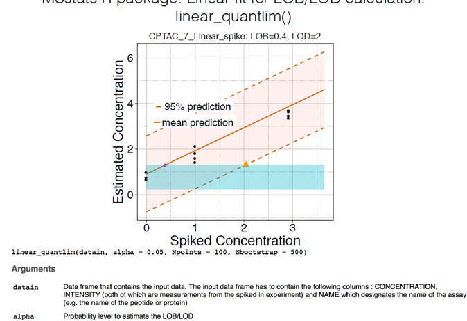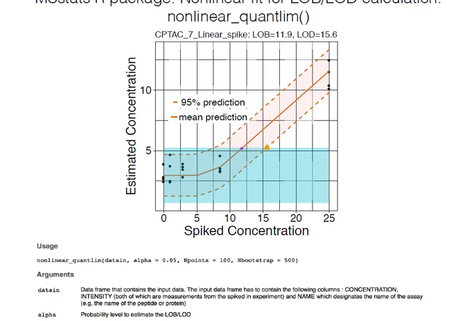You get the curve, and there's also the value of the slope and the intercept, which I'm not showing here, and then the LOB and LOD here. So this is the linear function. Part of the reason I implemented that was to really compare the new method with the linear method. And also just because there are not many R packages that actually calculate the LOB and LOD. So it was a nice contribution too.